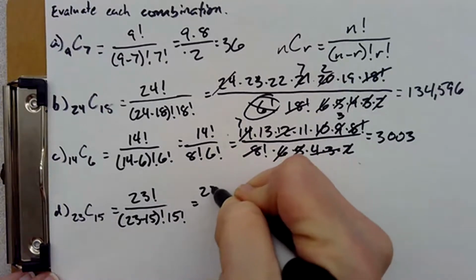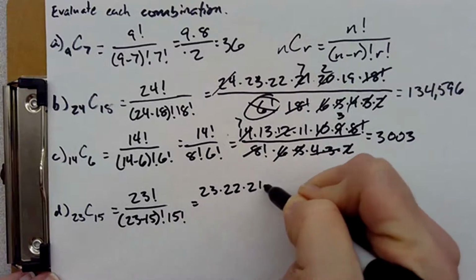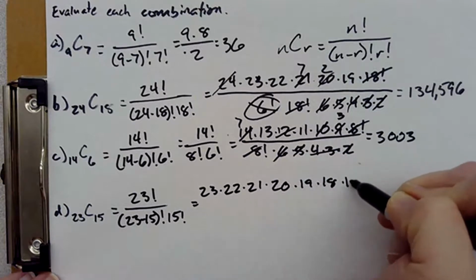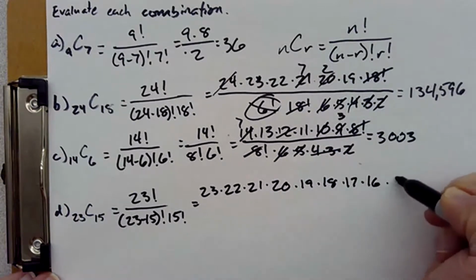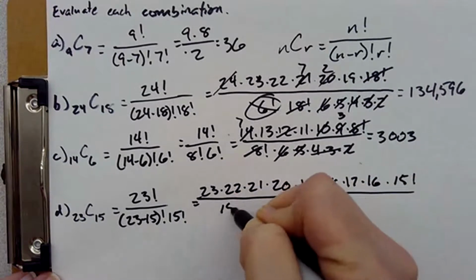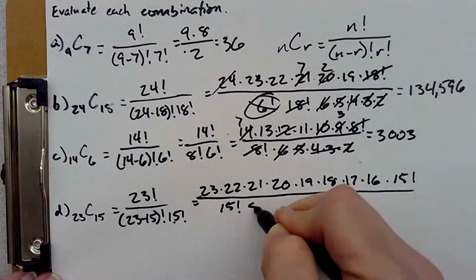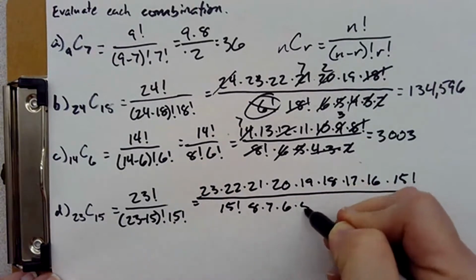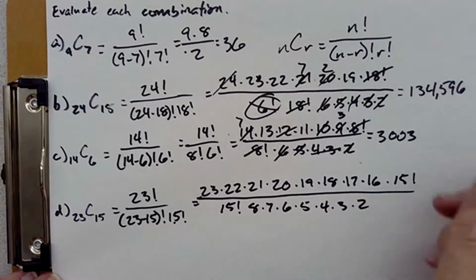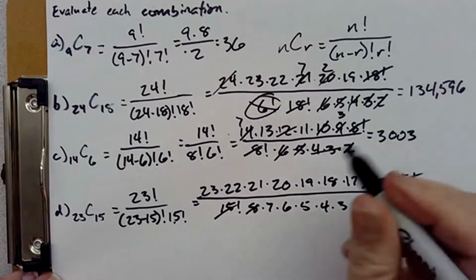Okay, well, that's 23 times 22 times 21 times 20 times 19 times 18 times 17 times 16 times 15 factorial over 15 factorial, right there, times 8 factorial, which is 8 times 7 times 6 times 5 times 4 times 3 times 2. Okay, our 15 factorials go away. 8 times 2 is 16.